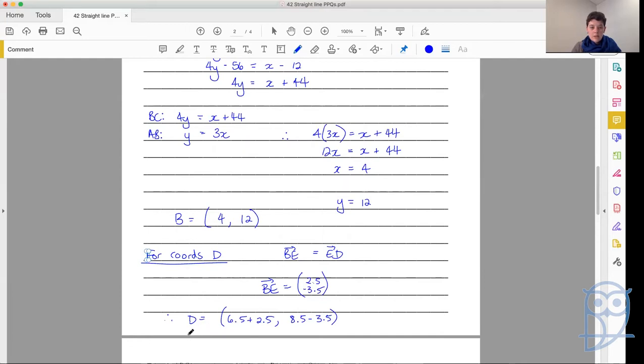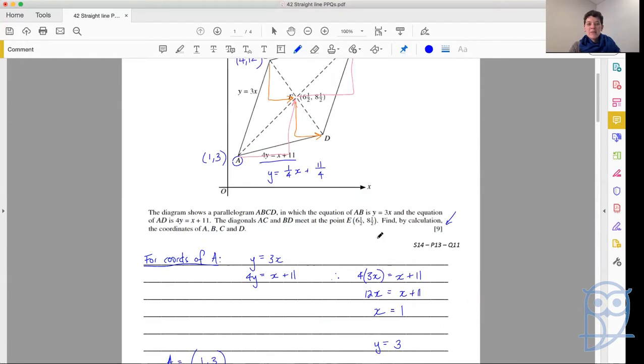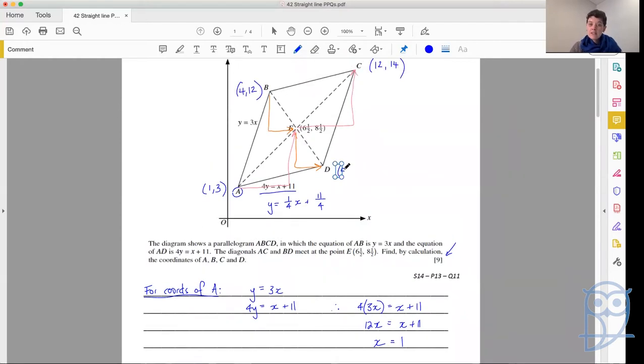So then D equals 6.5 is 7, 8, 9. 8.5 is 8. 8 minus 3 is 5. So D is 9, 5. And we go back, even though we finished, 9, 5, in between and in between, so it all makes sense.